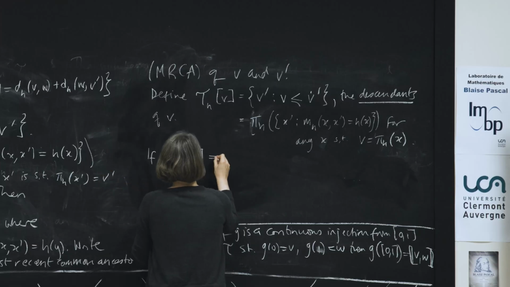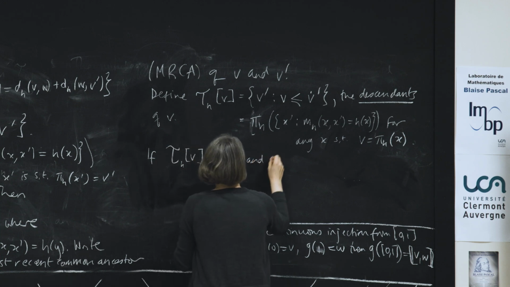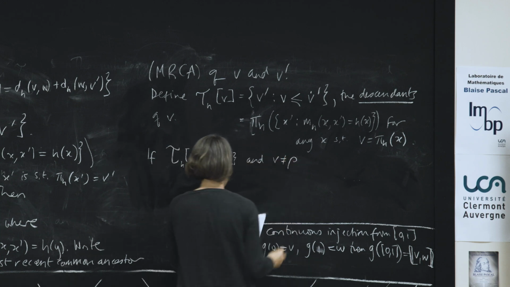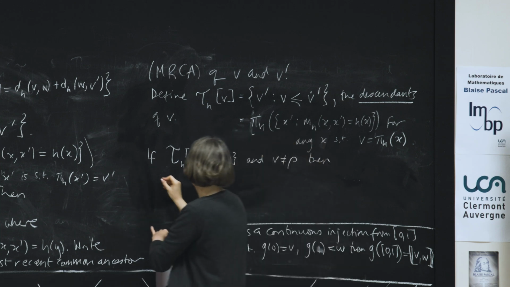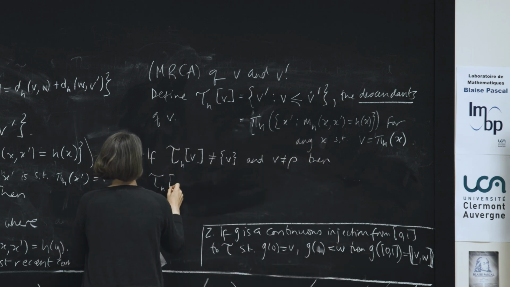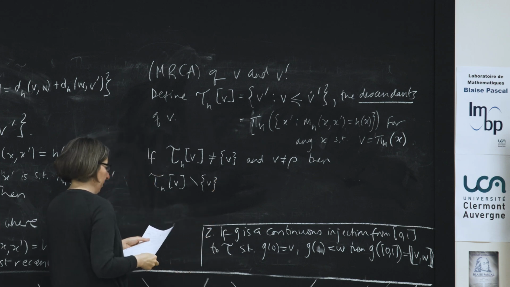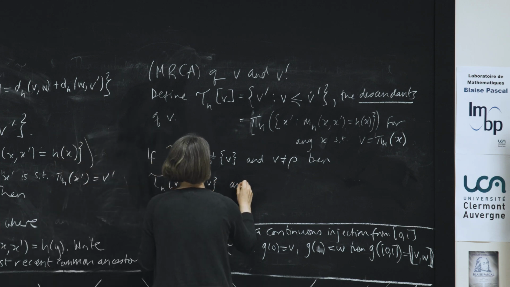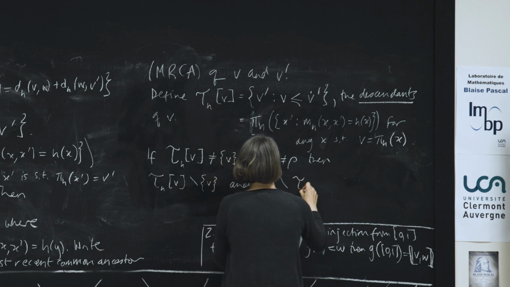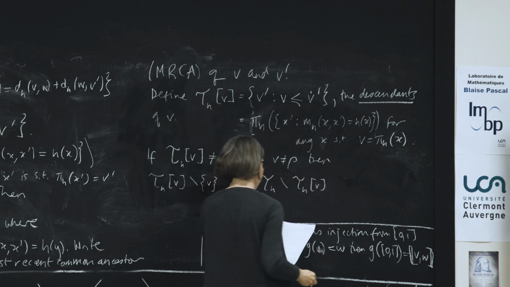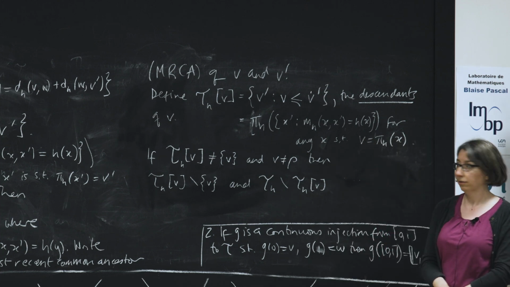But if that's not the case, and if it's also not the case that v is the root, then if I take this set and remove v from it, and if I look at the whole tree without the subtree rooted at v, then these are disjoint non-empty sets.